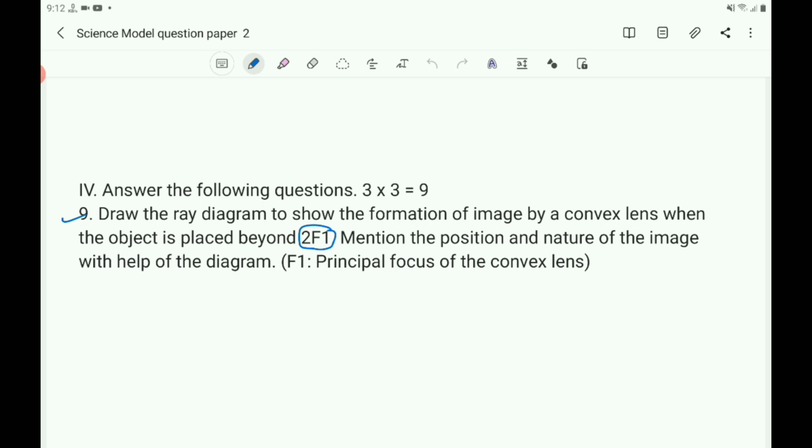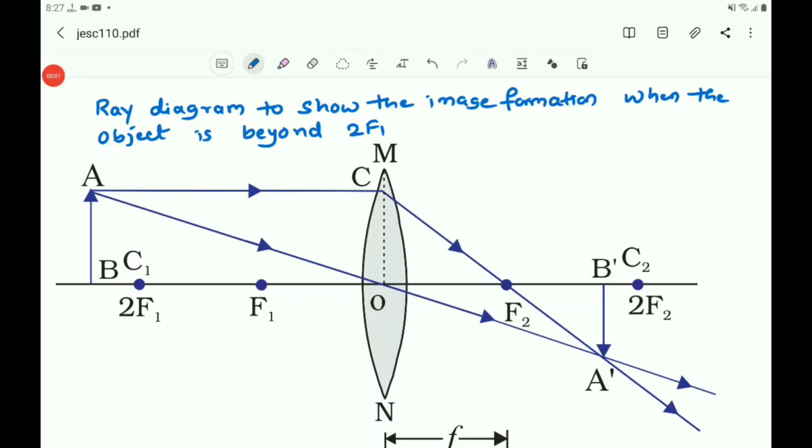Now let us observe the ray diagram and also write the position and nature of the image with the help of the ray diagram. Children, observe the ray diagram showing the image formation when the object is beyond 2f1.